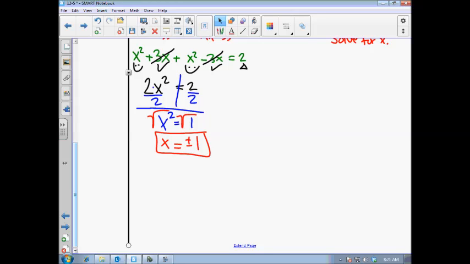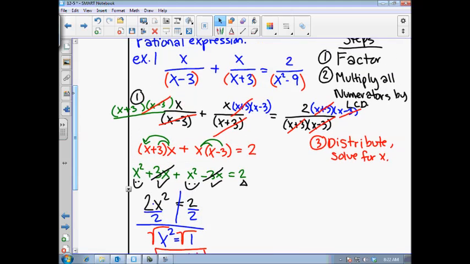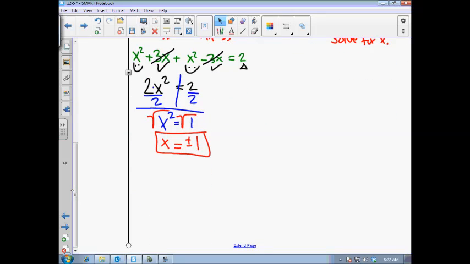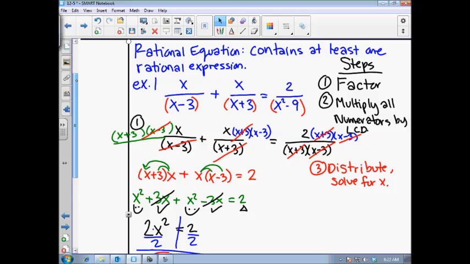Extraneous solutions is an extra solution that's not required, because sometimes when you manipulate the problem, which we did by multiplying all the numerators by our LCD, it could create an extraneous solution.